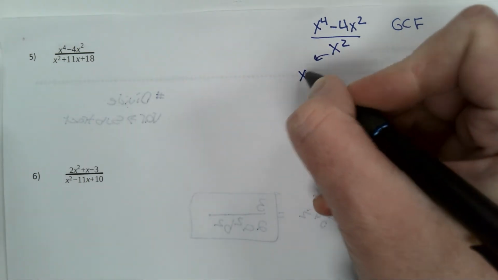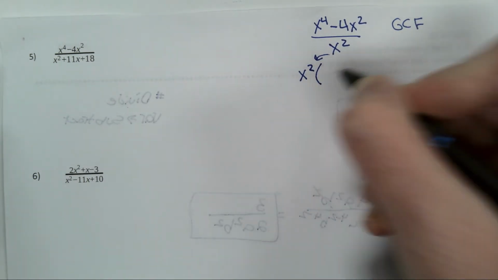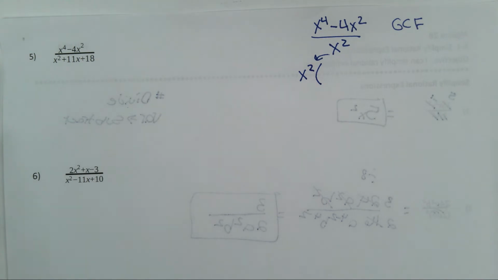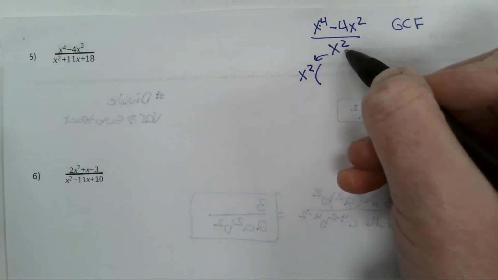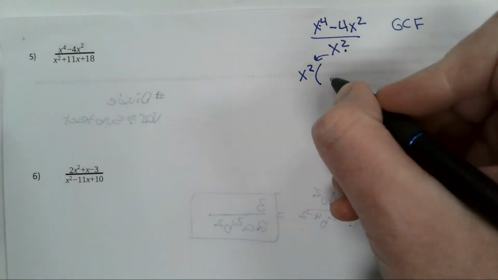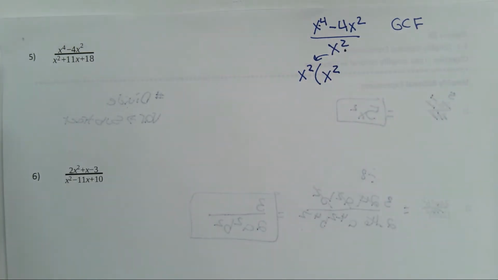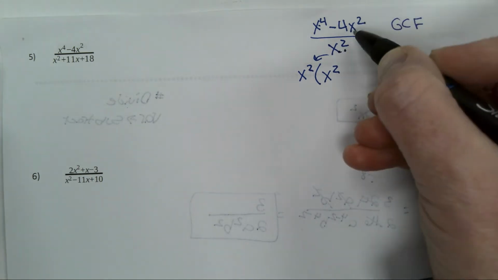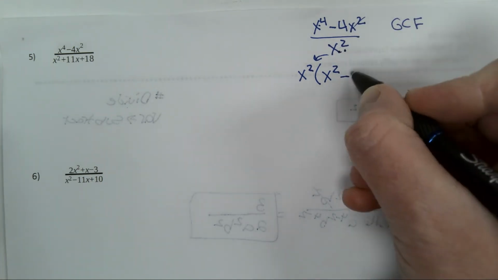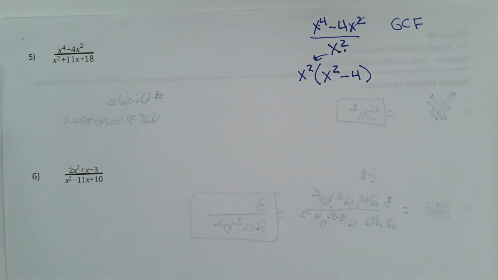So I factor out my x squared. I bring my GCF down in front, and then I'm going to divide. X to the 4th divided by x squared gives me x squared. Negative 4x squared divided by x squared, the x squareds cancel each other out, and I'm left with negative 4.